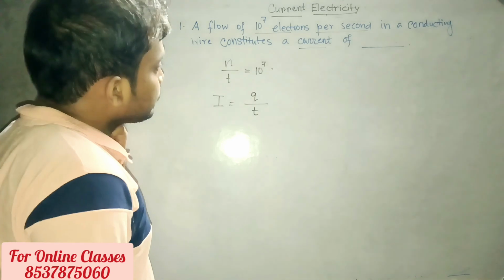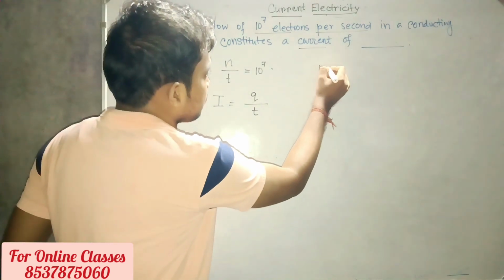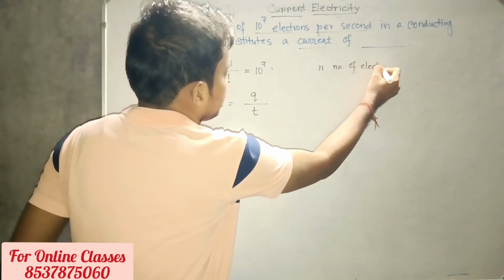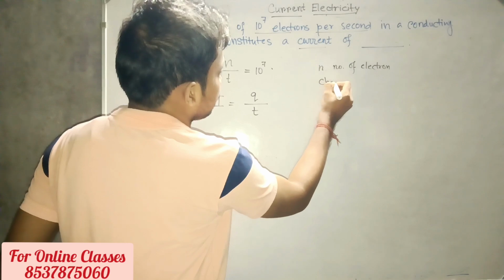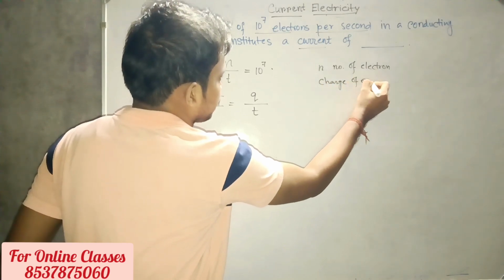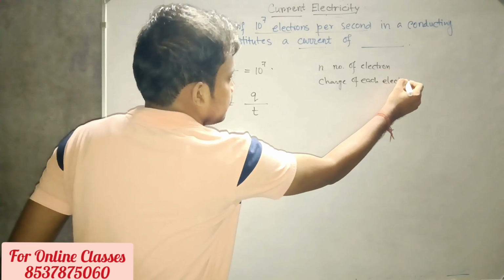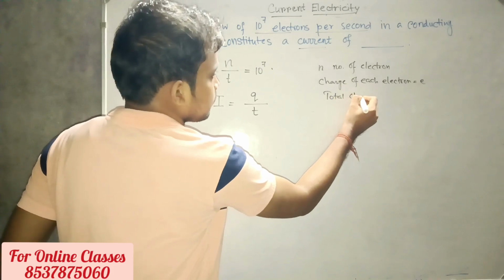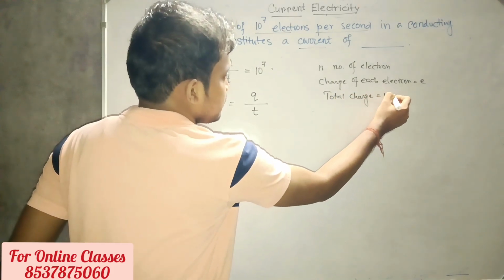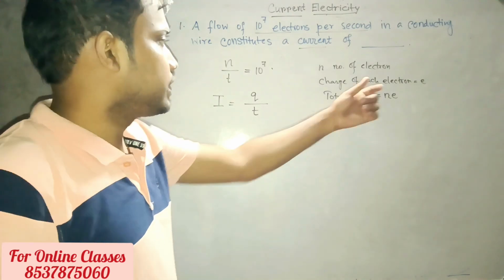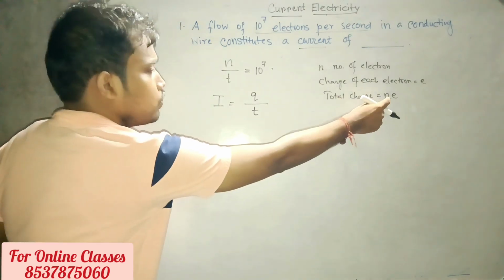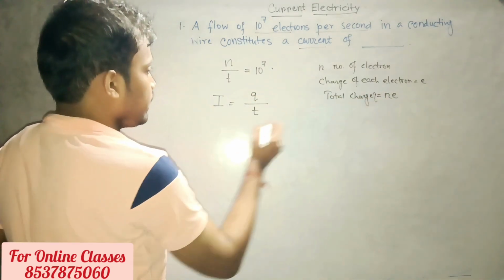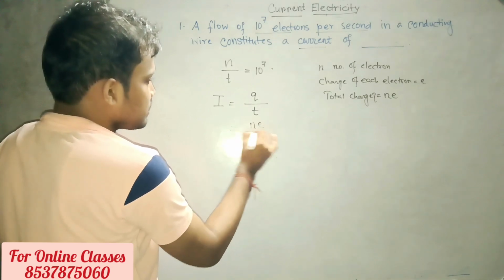And again, we know if there are n number of electrons, and the charge of each electron is e, then the total charge will be n e. So we can put the value of Q equal to n e divided by t.